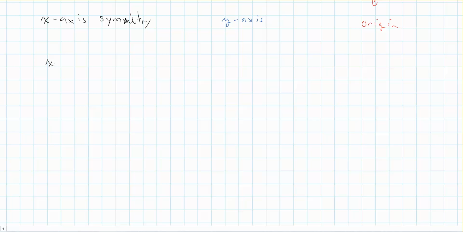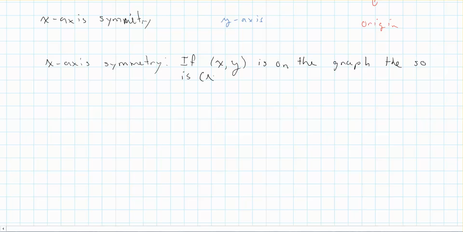So if we have x-axis symmetry, well, the definition means that if (x, y) is on the graph, then so is (x, negative y).